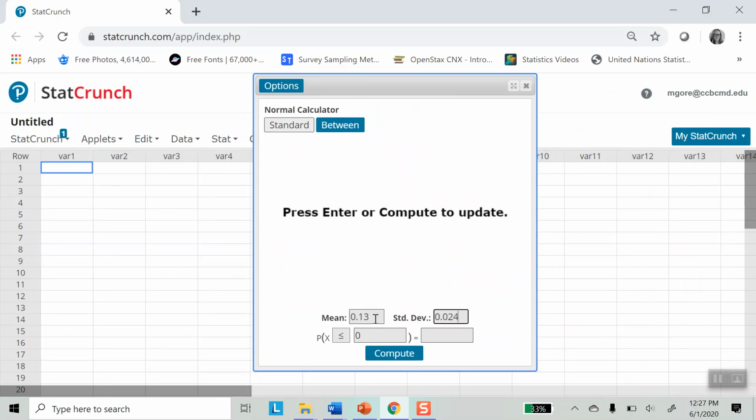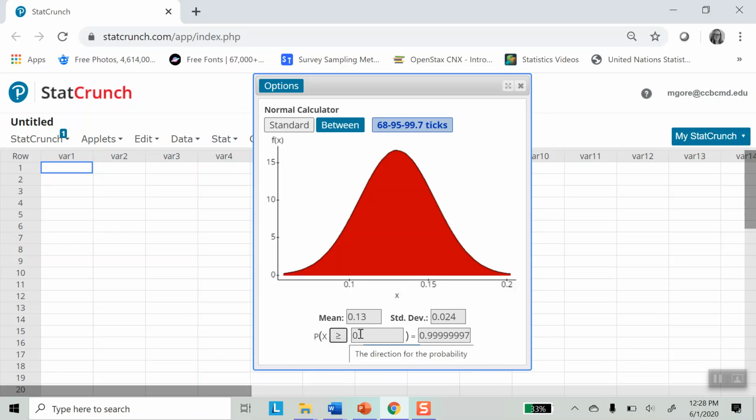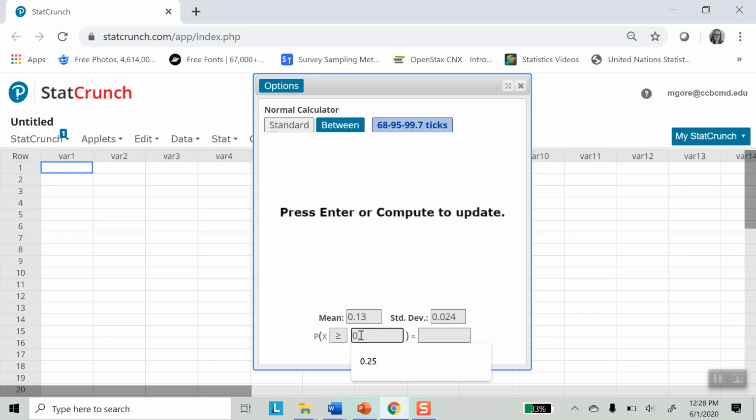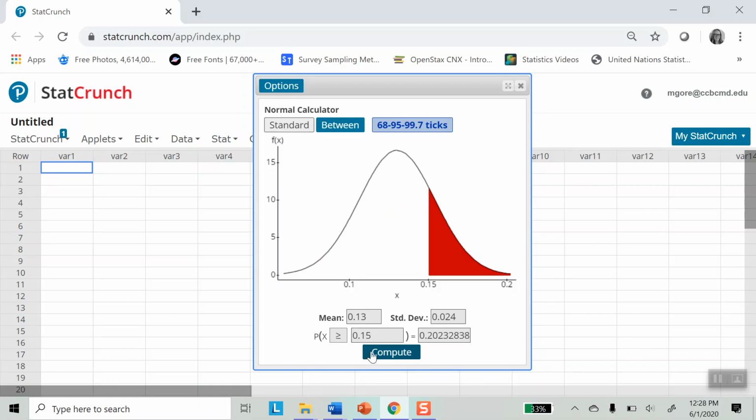That's a calculation you will have to do by hand. It's not directly given in the problem. You have to calculate that, as you saw. And we did a more than, so we'll go greater than here, or greater than or equal to, and we'll have 0.15. Hit compute, and we'll get our solution.